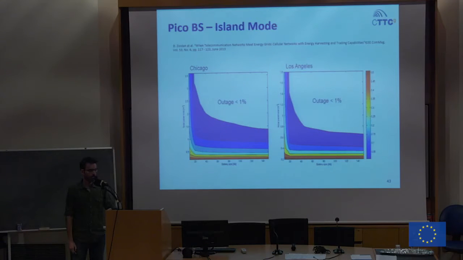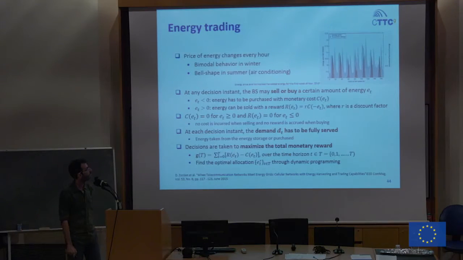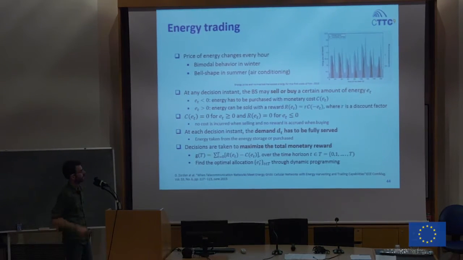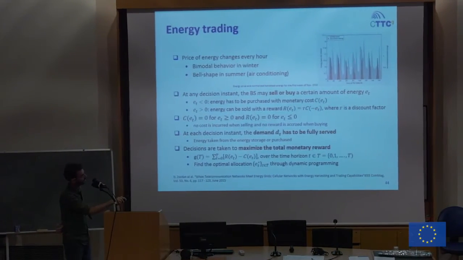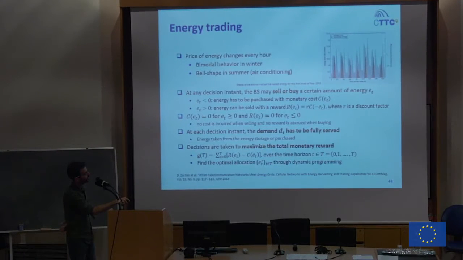Then in the same paper, we have complicated things a bit, and we have also included different pricing models. We have this information because there are some available data sets. Again, these are for an operator in the US. In the gray color, you can look at the different prices over different hours of the week.